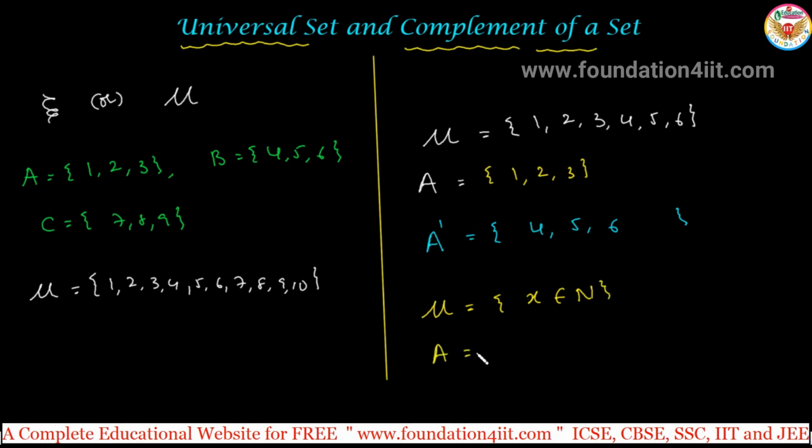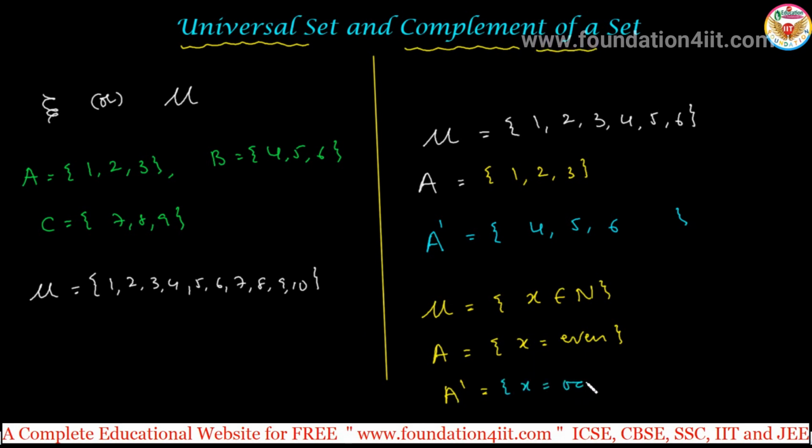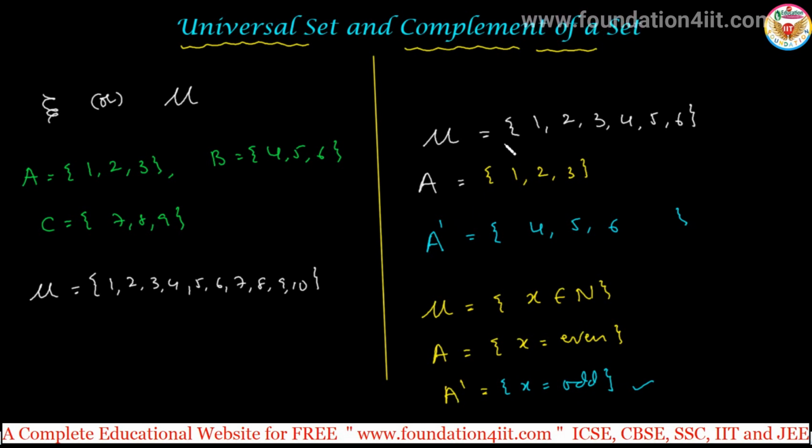Let us take set A as x equals all the even numbers. Then A complement, it must be odd numbers. So x equals only odd, because even numbers are there. From the natural numbers, if we remove the even numbers, the remaining are odd numbers. Okay, so in this way we can represent the complement.